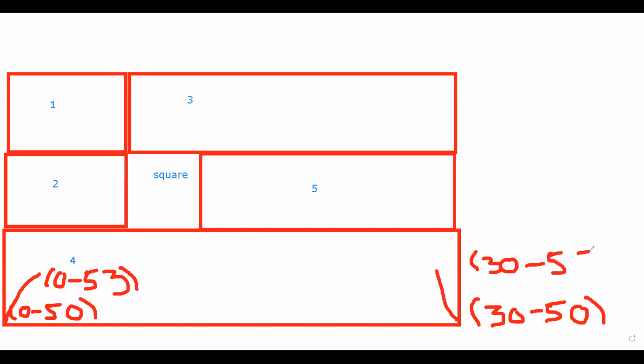And in this direction, this is the point where we have 30, 0, and 0. This will be 30, 0, and 3.